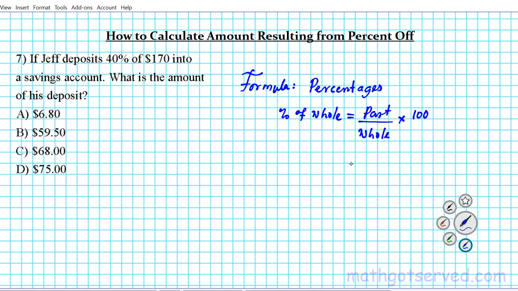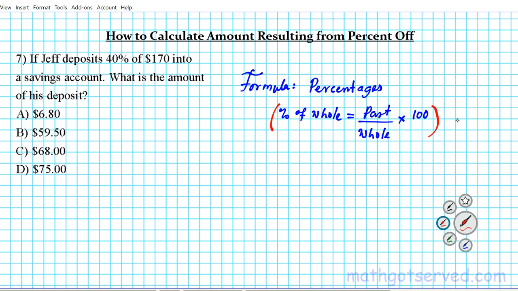Now, we can carry out some algebraic manipulations to this formula to derive the formula that we need for this particular problem, which is the part. Part of the whole. So how do we get that part isolated? In order to get that part, which is the amount resulting from the percent of, we can get rid of this 100 and this whole on the right side of the equation.